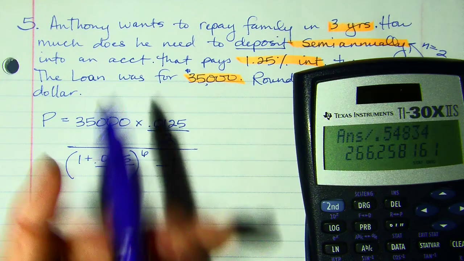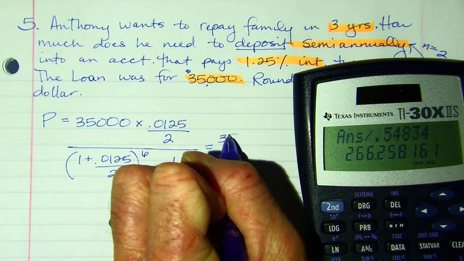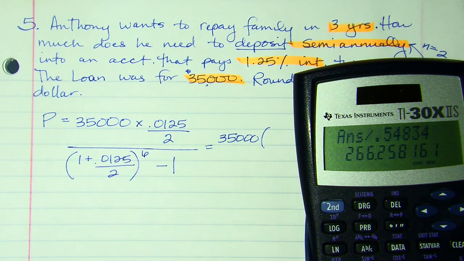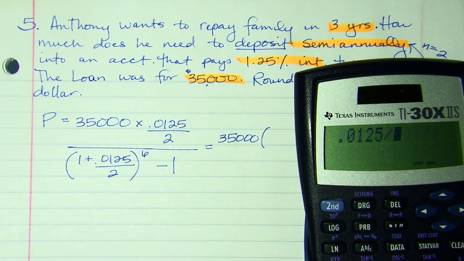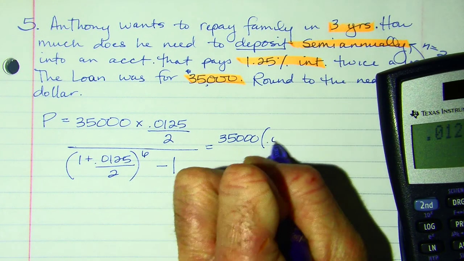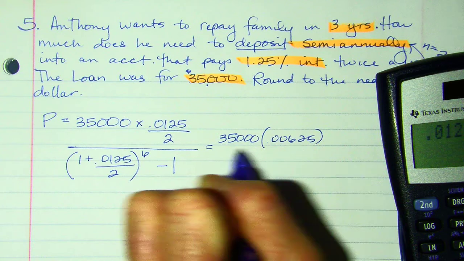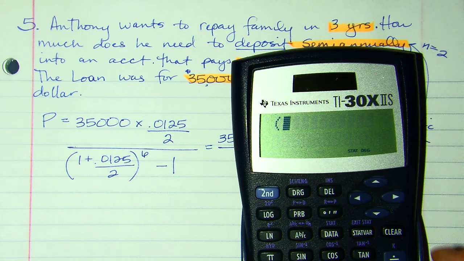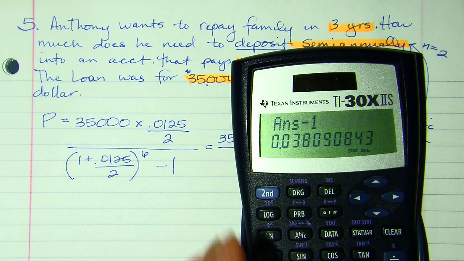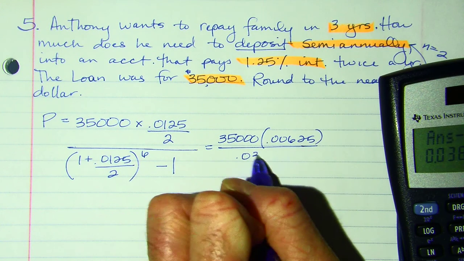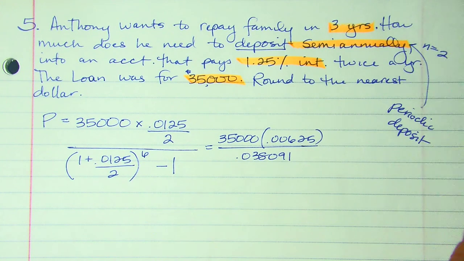All right, so let's simplify this one piece at a time. So 0.0125 divided by 2, and I get 0.00625. The bottom, 1 plus 0.0125 divided by 2 to the 6th minus 1. And I get 0.038091.